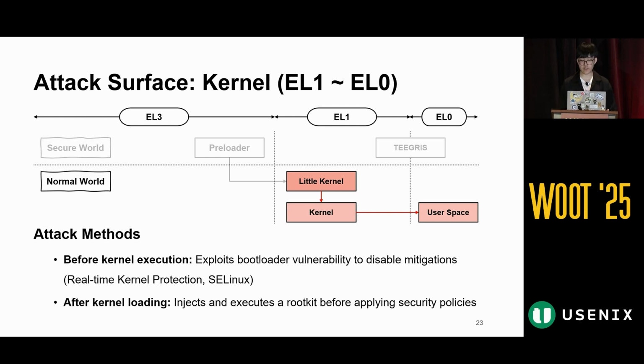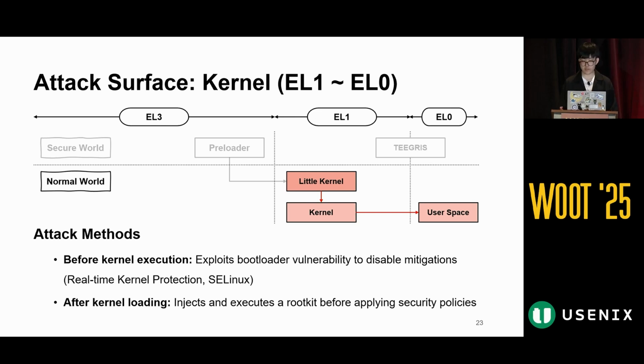The Android kernel runs at exception level 1 and is based on the Linux kernel. The kernel starts the init process, applies SELinux policies, mounts file systems, and executes core initialization tasks. If an attacker hijacks the kernel loading process at the bootloader stage, mitigations such as real-time kernel protection and SELinux are already disabled when the kernel runs.